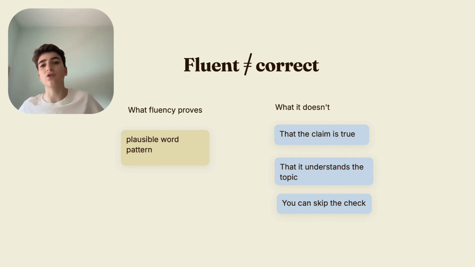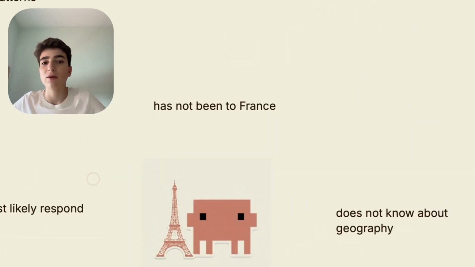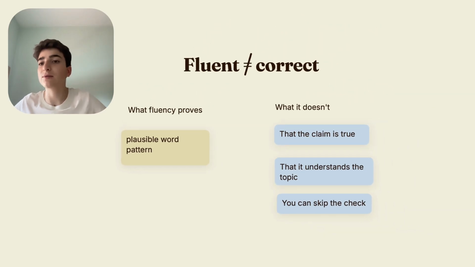But that is not what happens, because fluent doesn't equal correct. Fluency doesn't mean that the claim is true. It's just that it sounds plausible, not that it's true. It also doesn't mean that it understands the topic, because as we saw, it may not understand what geography is, but it gives us this response as if it knew it.